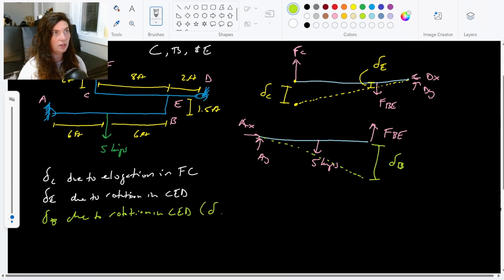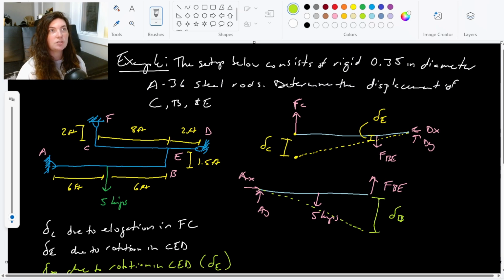So it's due to the fact that E moves and the fact that there is elongation in rod BE, because rod BE is getting longer and because E moved, both of those things are causing B to move. So those are kind of our rough free body diagram setups, just our ideas of how these things are moving.